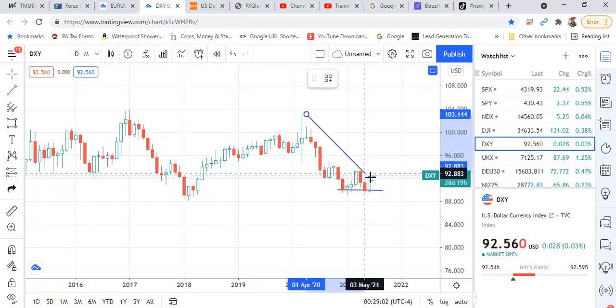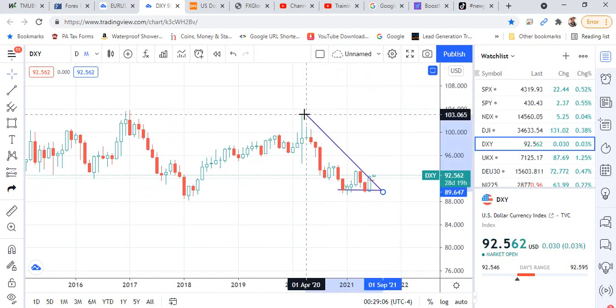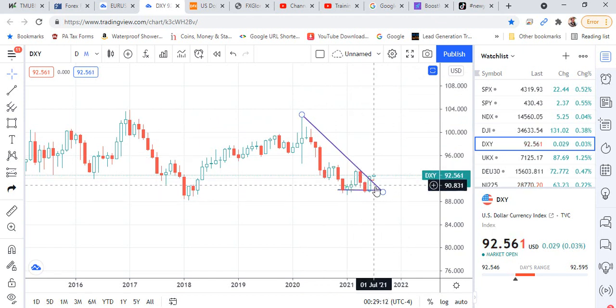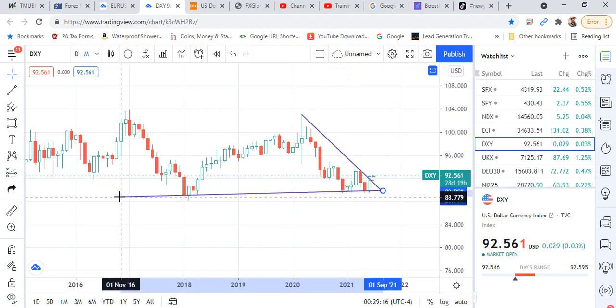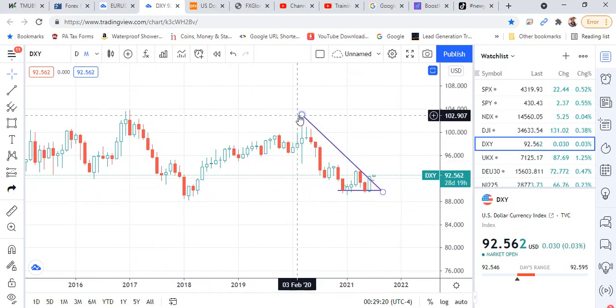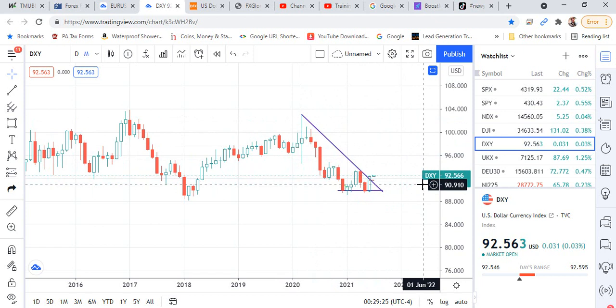Like, some traders are going to see this, some traders are going to see that, right? So yeah, it's kind of where we see. So it's starting to break out of this formation right now. It's making right here, and it doesn't really connect. So this is pretty much how I see it. This is what it's making. So that, yes, it could break out. It's already kind of starting to break out.